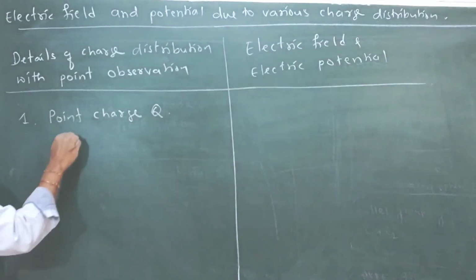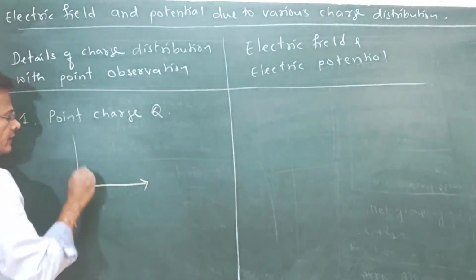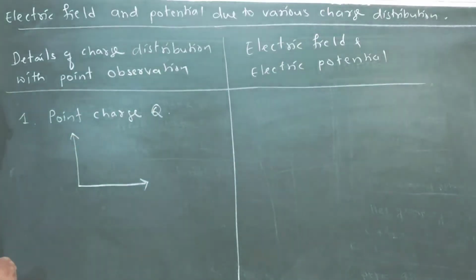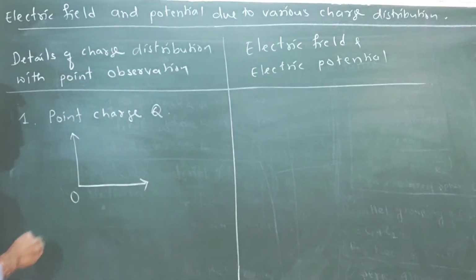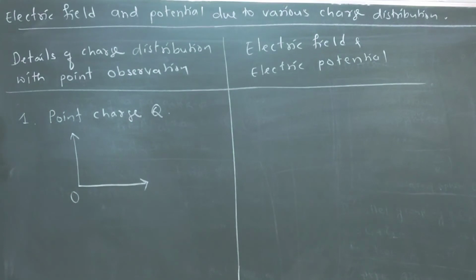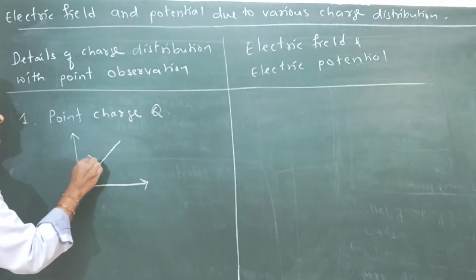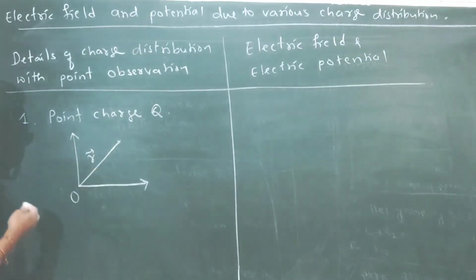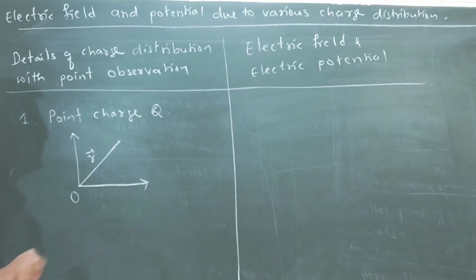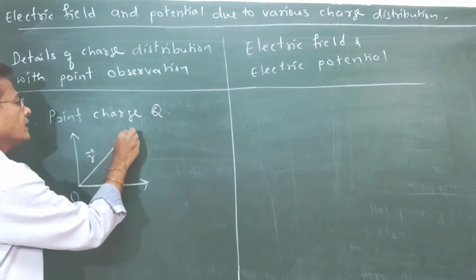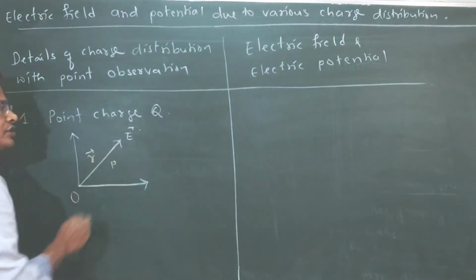This O is the origin. One charge is placed at this point. Then we are going to find out, at a certain distance at this point, R vector, the electric field E vector and potential.